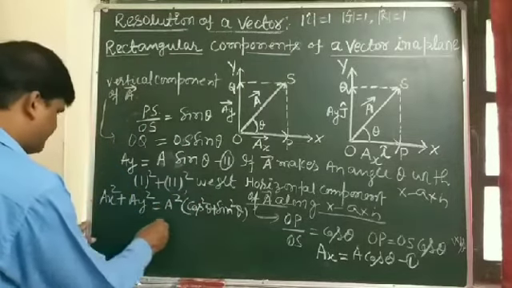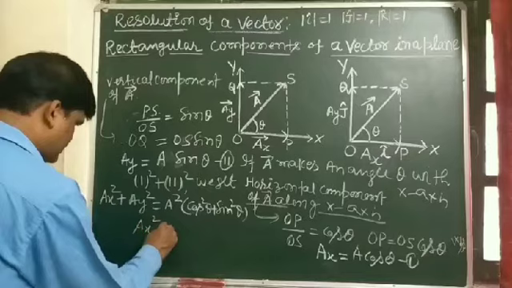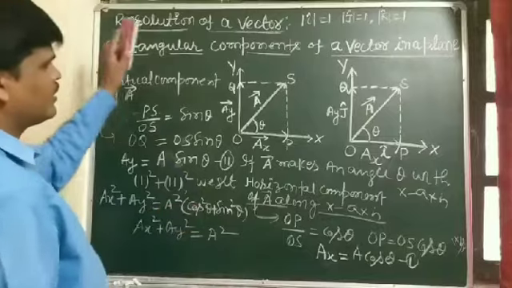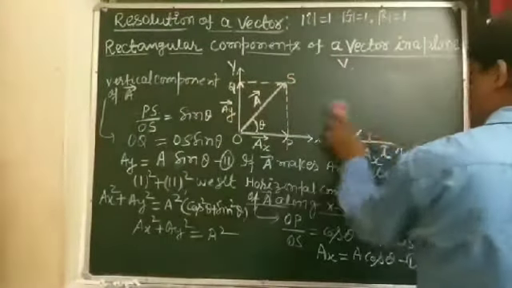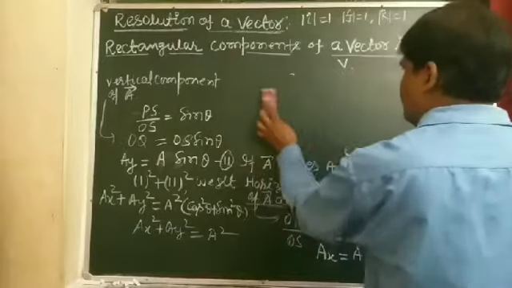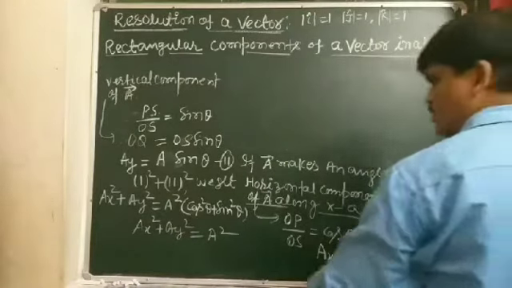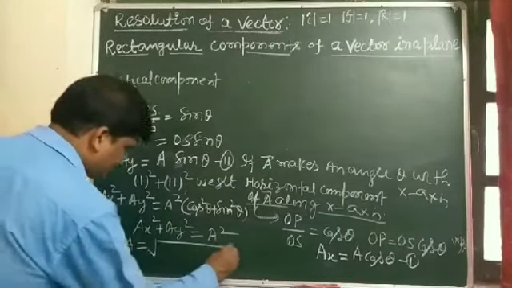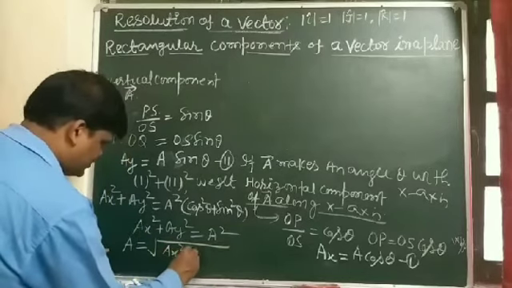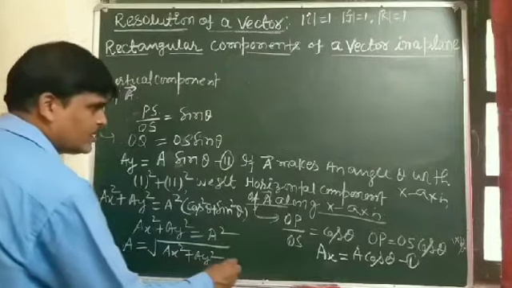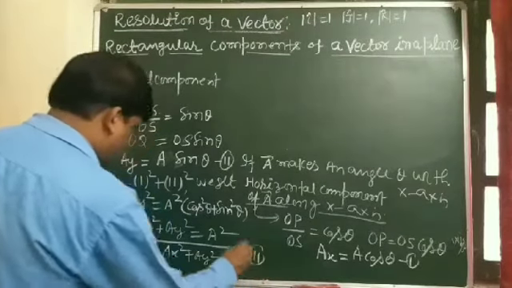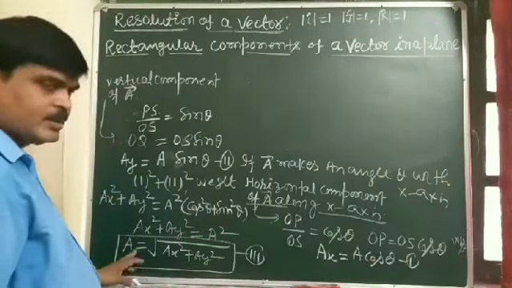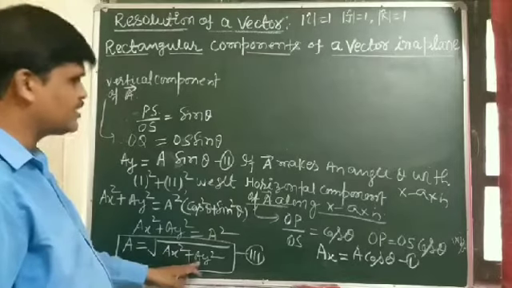So AX square plus AY square equals A square. The magnitude of vector A is under root AX square plus AY square. This is equation 3, the formula for finding the magnitude of a given vector.